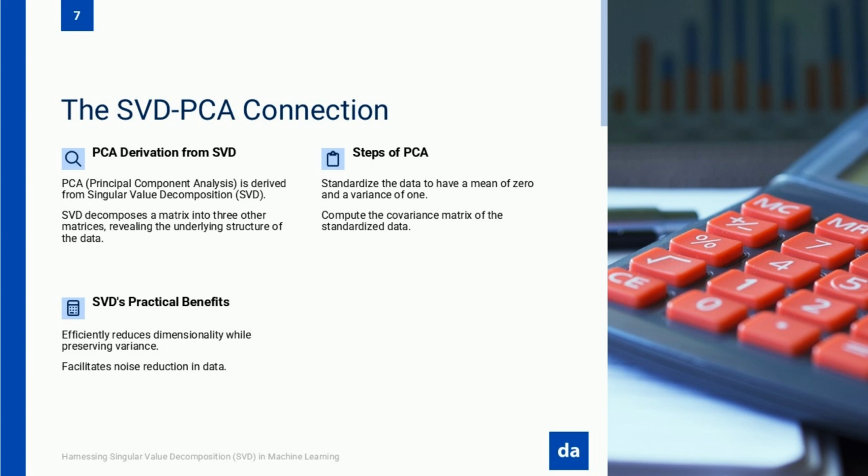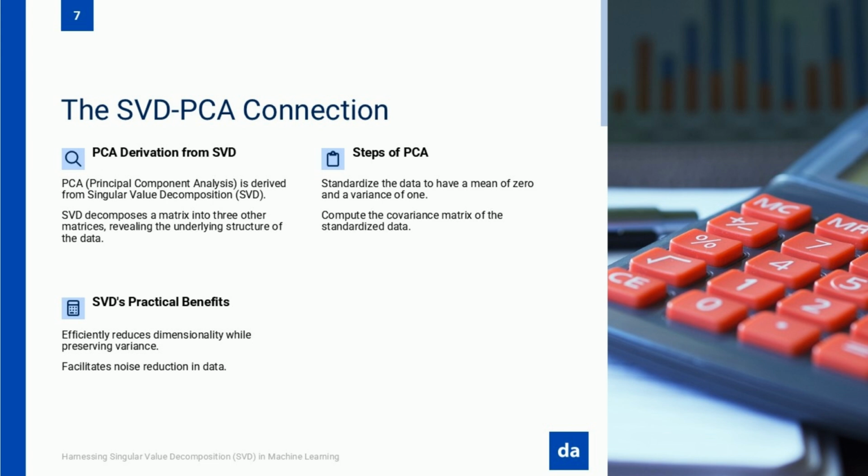PCA specifically requires centering as part of its definition since we're looking for directions of maximum variance relative to the mean. SVD, however, can be applied to any matrix regardless of centering. This makes SVD the more general technique, with PCA emerging as a special case under specific conditions.